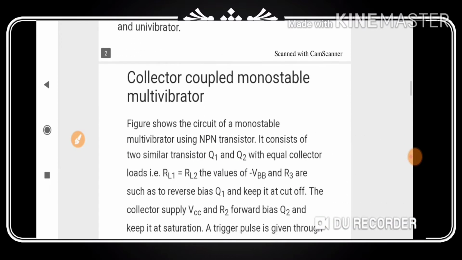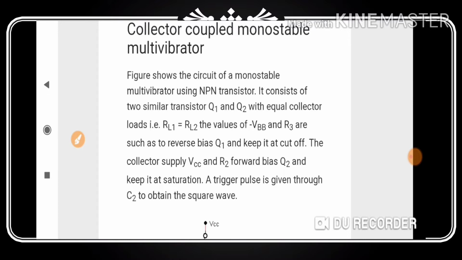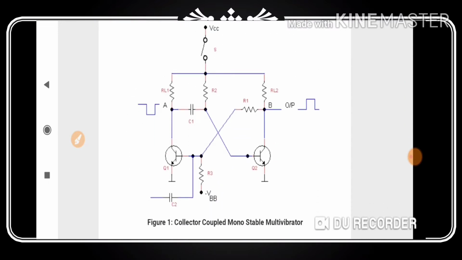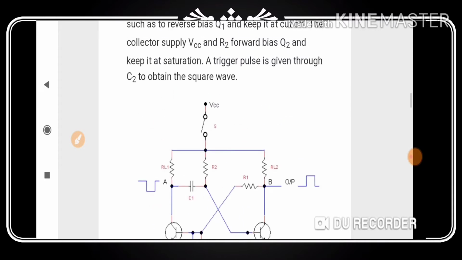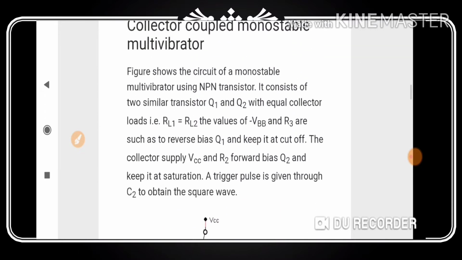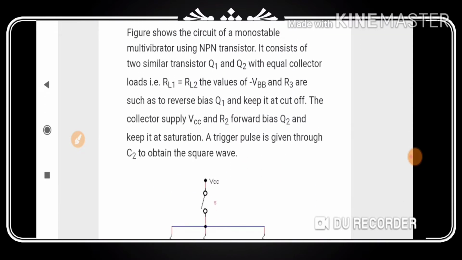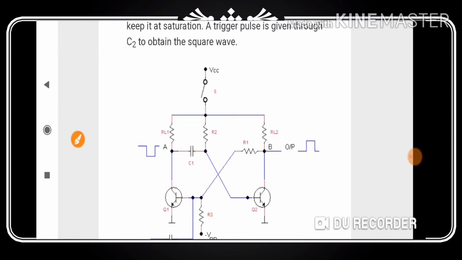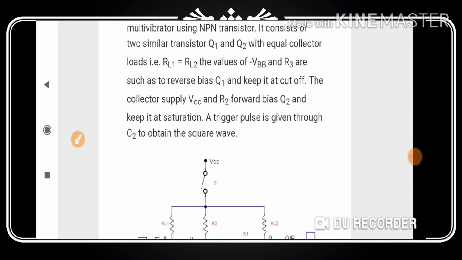This is the monostable multivibrator, and now you have to see the circuit diagram, the collector coupled monostable multivibrator circuit. In the figure, the monostable multivibrator uses two NPN transistors, Q1 and Q2, with equal collector loads RL1 and RL2.